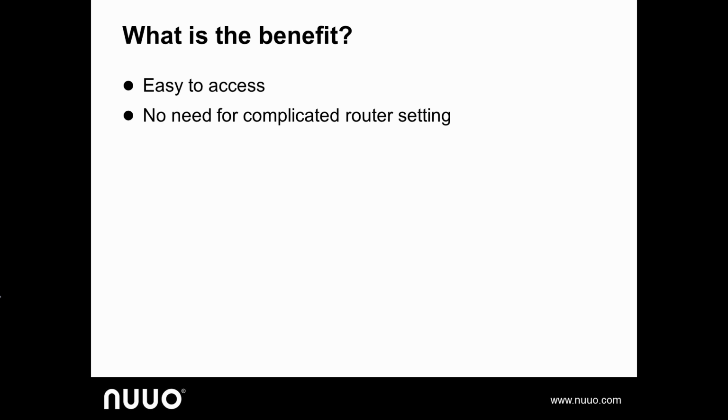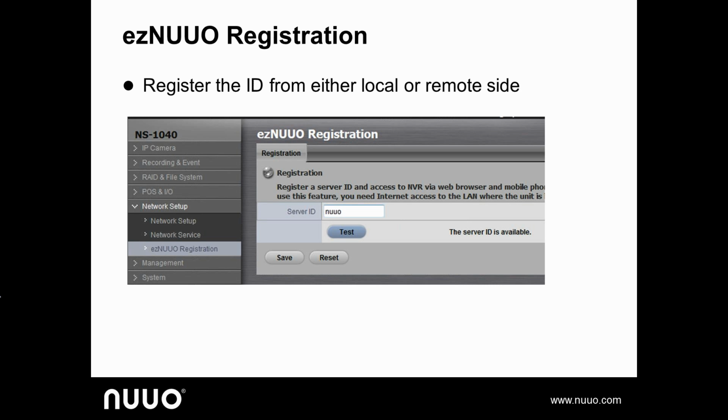You just have to do the registration one time, and you have an account name, and you can easily use this account to log into the NVRsolo. So it's very easy to access, and you don't need a lot of complicated router setting. So the basic concept is very easy.